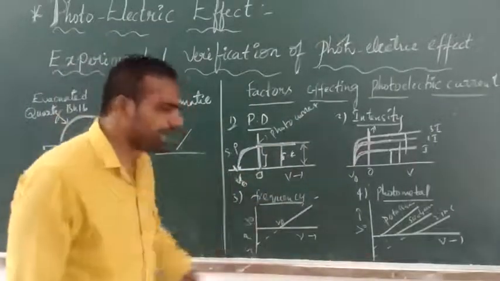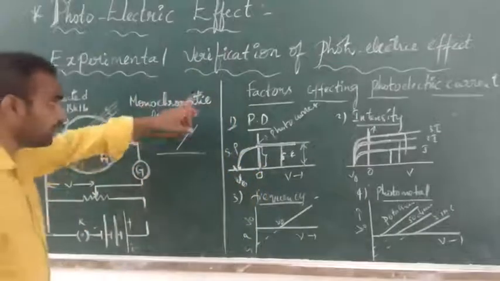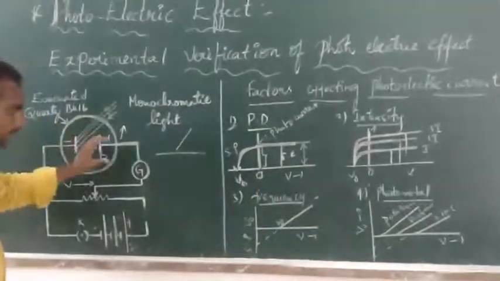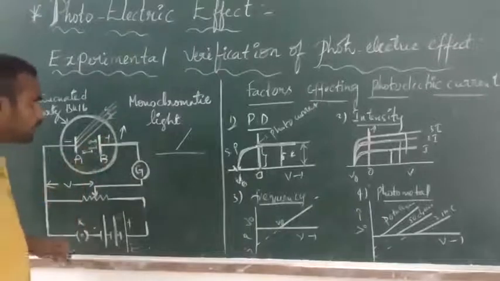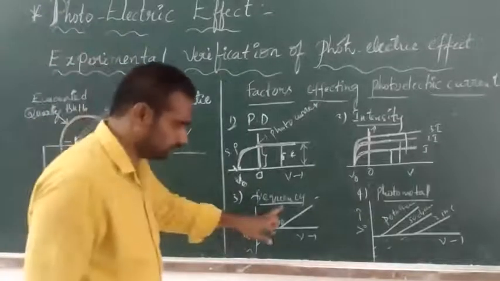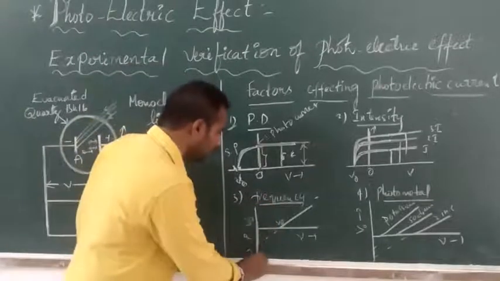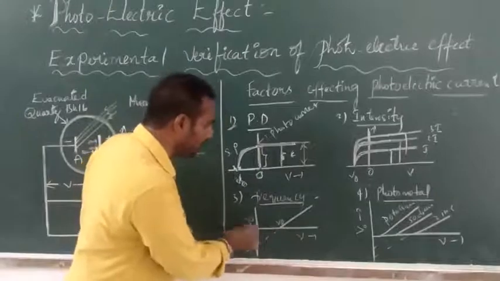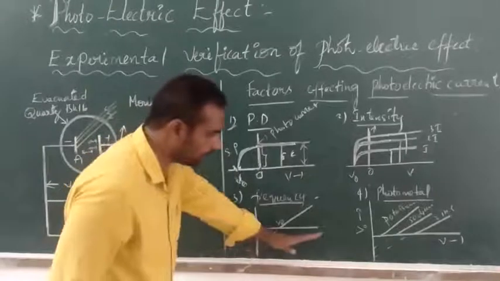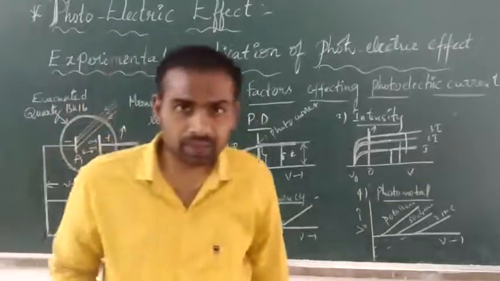Next we have frequency, the frequency of light used. The photoelectric current coming from metal surface A depends upon the frequency of light used. Here the graph is between stopping potential and frequency. As the frequency increases, the stopping potential also increases.